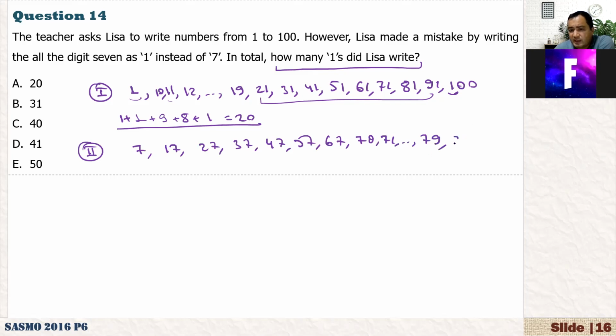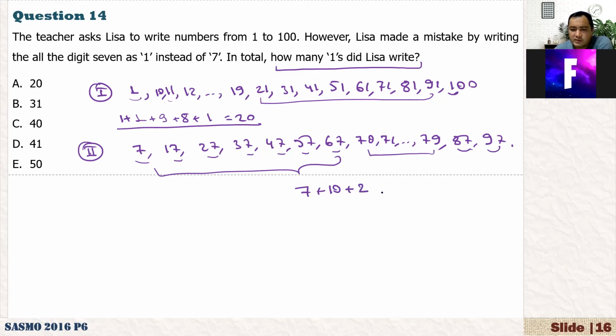And after that, 87 and 97. How many sevens? 1, 2, 3, 4, 5, 6, 7. Until here, we have 7 sevens plus from 70 to 79, we have 10 sevens. And here we have 2 more. So that's equal to 19. Did I miss any? 7 and 17.